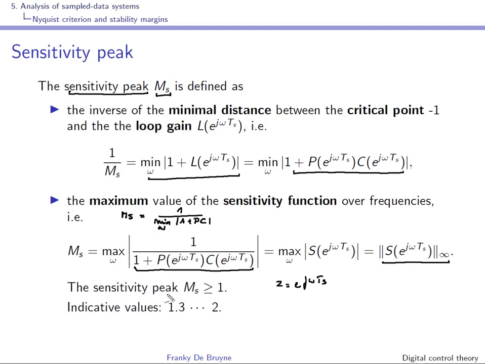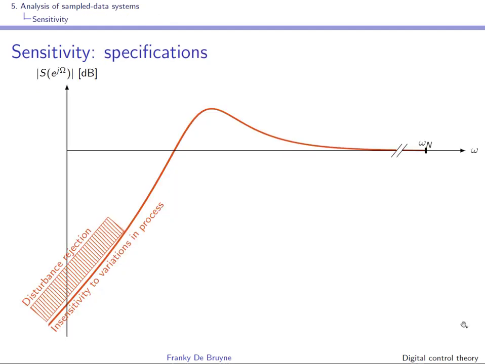Well, anyway, the sensitivity peak is always larger or equal to 1, as you have seen in the examples that we have considered in the previous slides, and indicative values for the sensitivity peak are in the range 1.3 to 2. So if we have a look at the Bode diagram of the gain of the sensitivity function, you have to look for the frequency that maximizes the sensitivity gain, right?